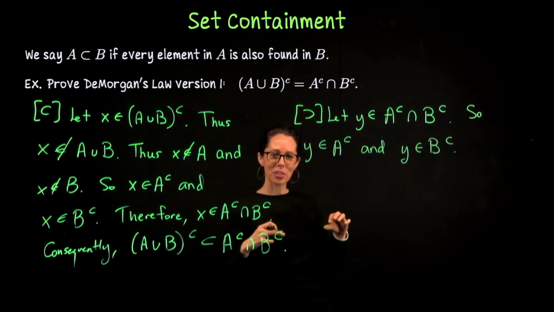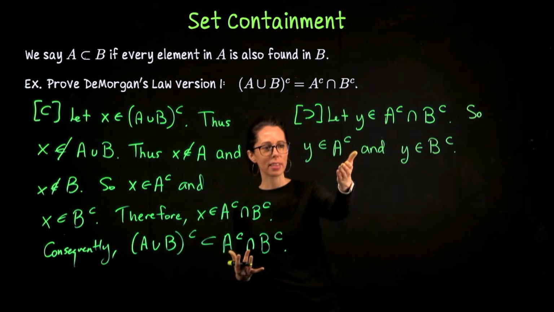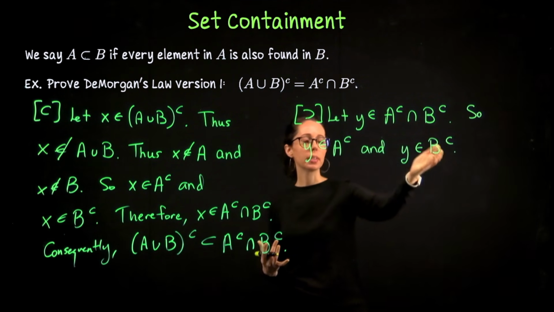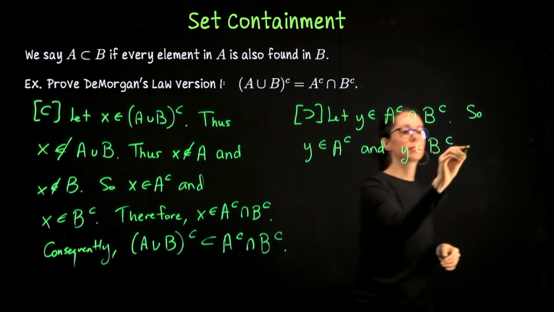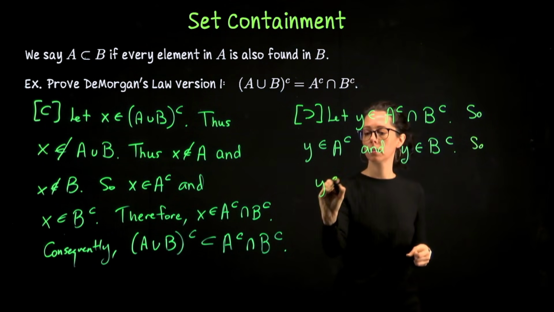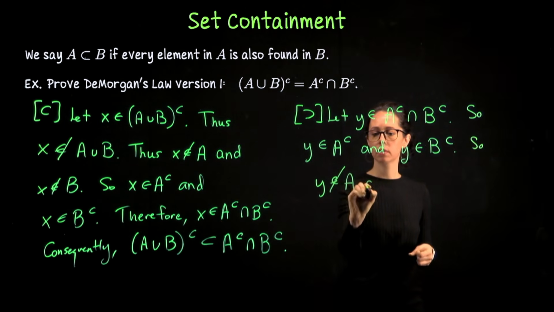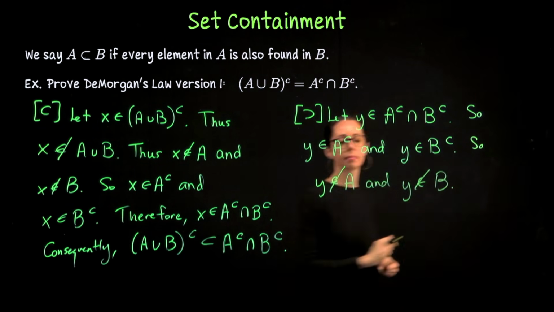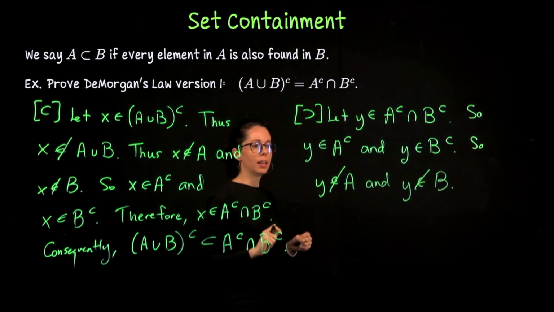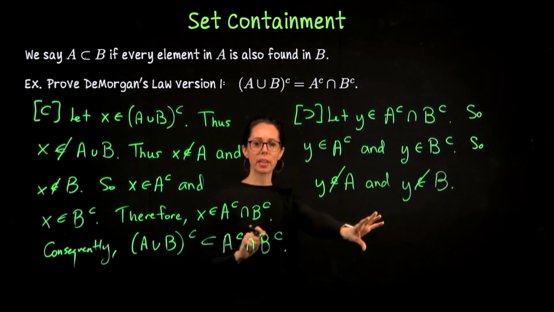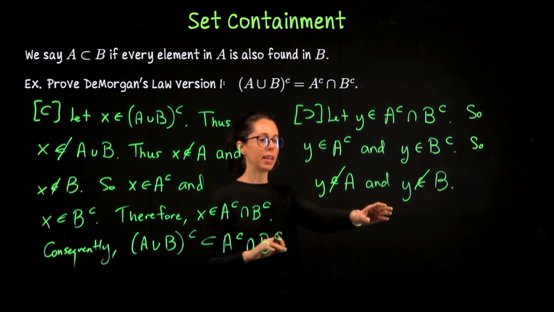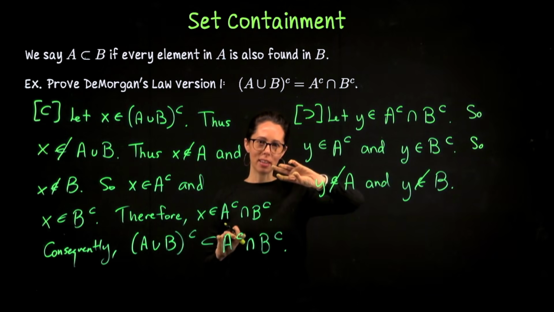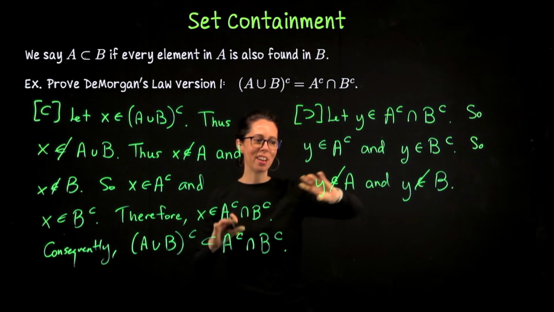And again, I'm just going to rephrase this by saying that A complement is the same thing as not being in A, and B complement is the same thing as not being in B. Now, the reverse of that logical statement that I wrote down allows us to take this statement and that statement and flip it into the negation of or.